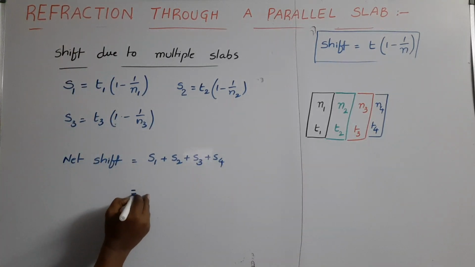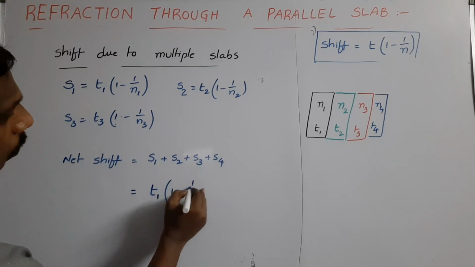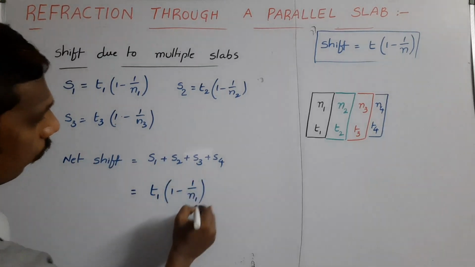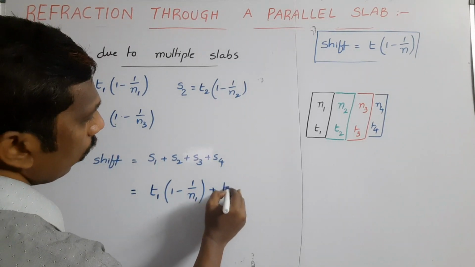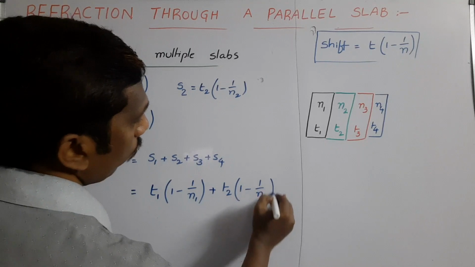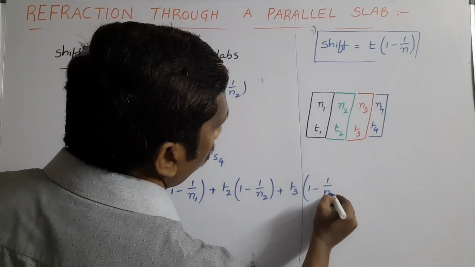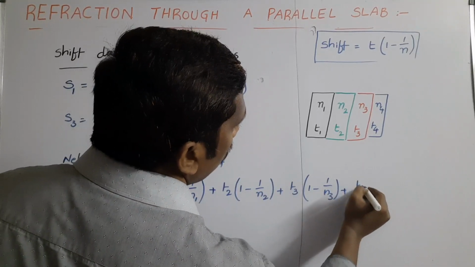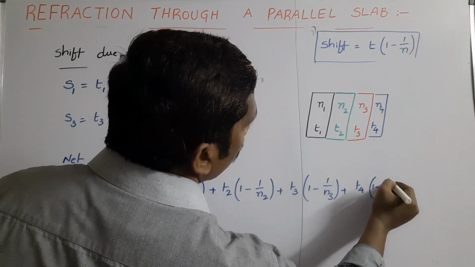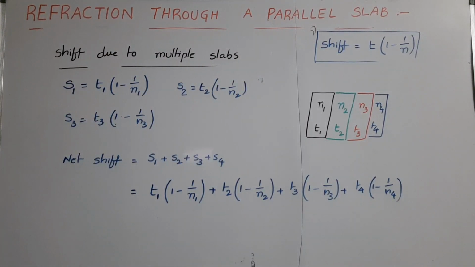So finally we can write t1 into (1 minus 1 by n1) plus t2 into (1 minus 1 by n2) plus t3 into (1 minus 1 by n3) plus t4 into (1 minus 1 by n4). In the same way, for n slabs also we can write the formula.